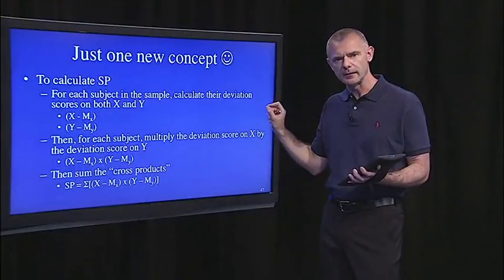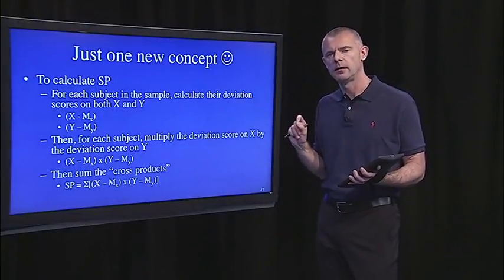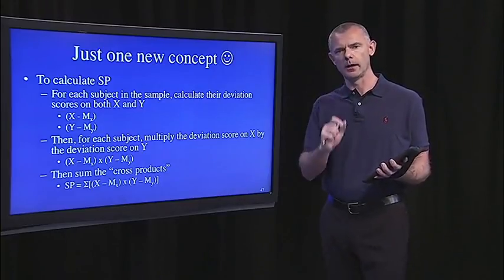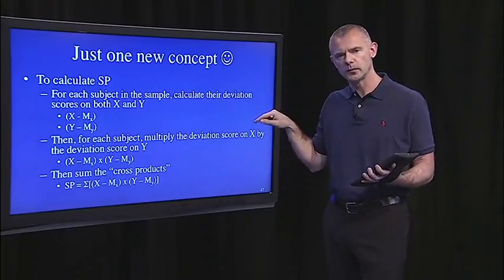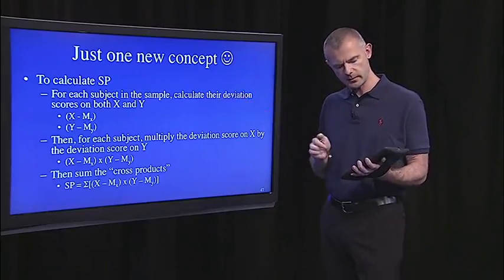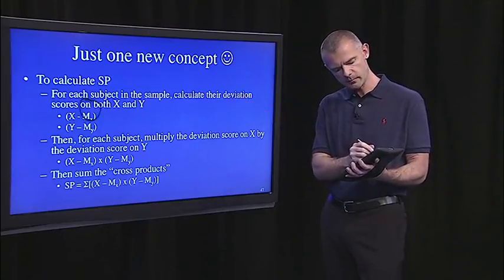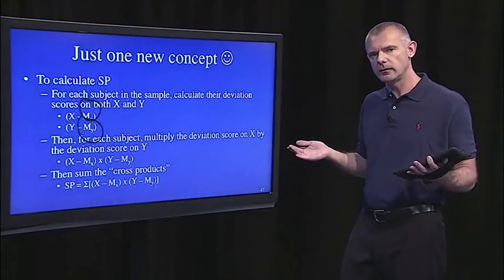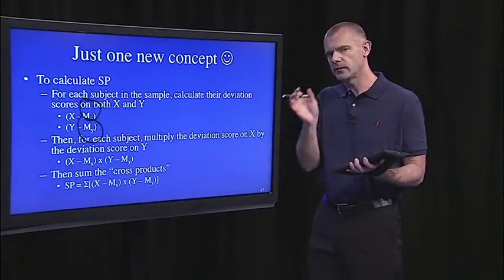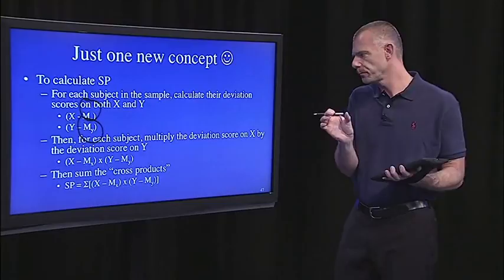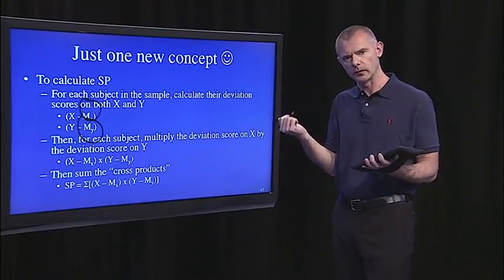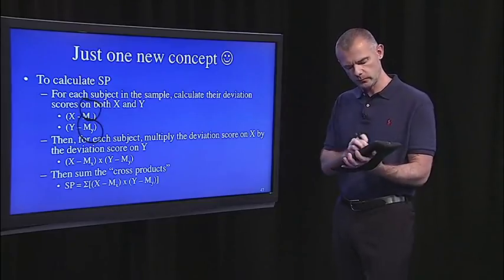So for each case, or for here each subject, I want to calculate their deviation score on x and their deviation score on y. That's why I now have the subscripts for M sub x here and M sub y. So the mean on x and the mean on y. For each subject, we'll then calculate their cross product. That is, I'll take their deviation scores and multiply them. Then I'll sum the cross products, and that gives me sum of cross products, analogous to sum of squares.